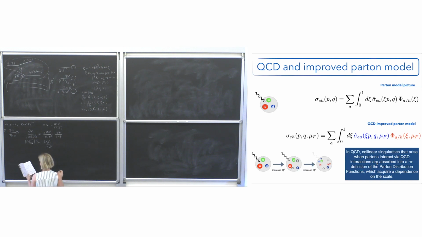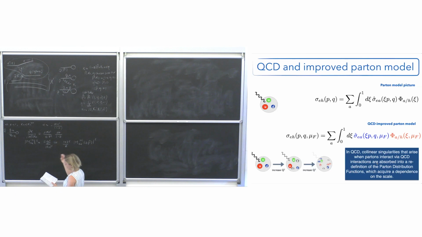And then you have the color factor CF, and then you have (1 plus z squared) over z. And then M0 is the amplitude for this process, okay, which is the one that you had before, where instead of having an incoming momentum P, you have an incoming momentum zP, okay? Because if you think in terms of the longitudinal momentum, the emitted gluon takes away 1 minus z, so the quark that is left has a fraction z of the original momentum of the parton, okay?